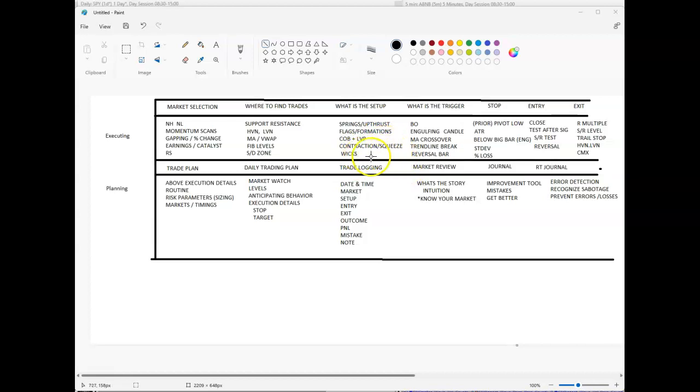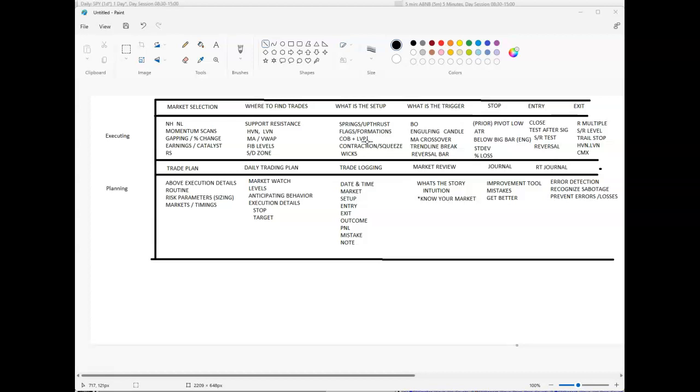So divergences also is the setup. So they'll be looking for springs and upthrusts. Are you looking for flags or certain bullish bearish formations? A lot of Wyckoff traders will look for a change of behavior or a change of character, whatever you want to call it, plus a low volume pullback at that particular level.